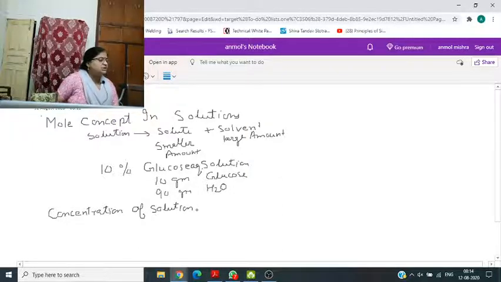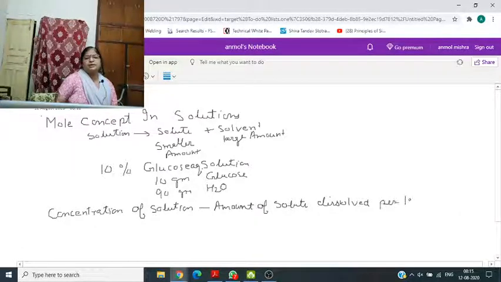So what is concentration? Amount of solute dissolved per 100 grams of solvent, and it is represented in different ways.